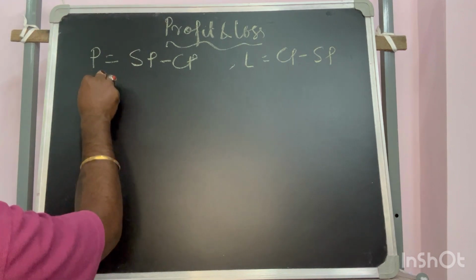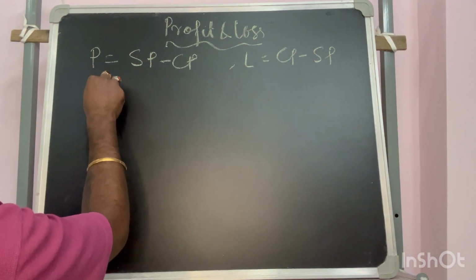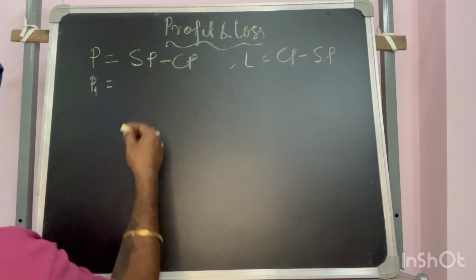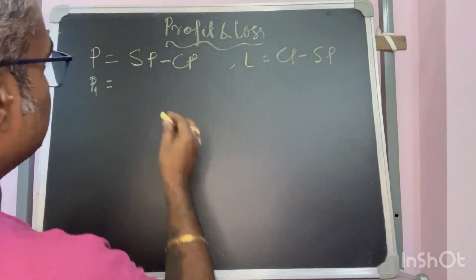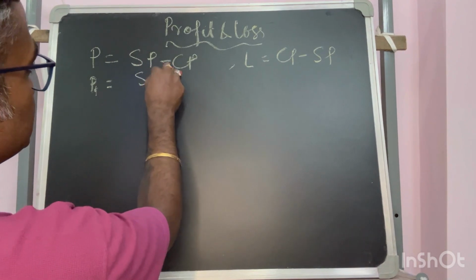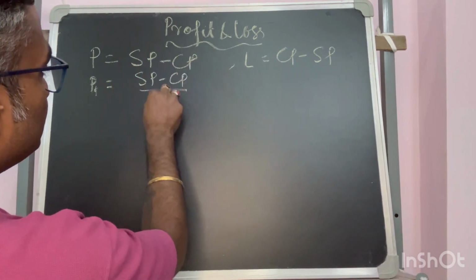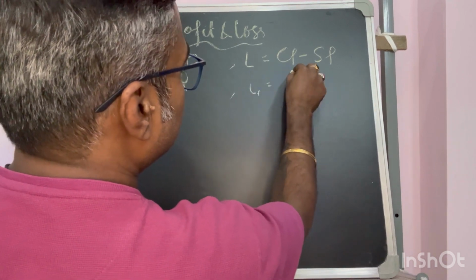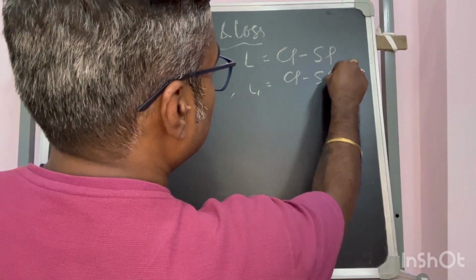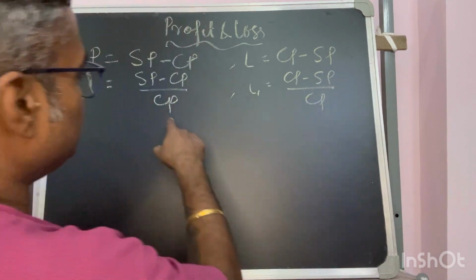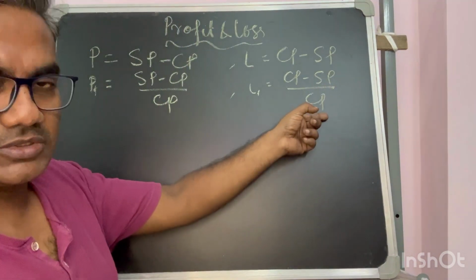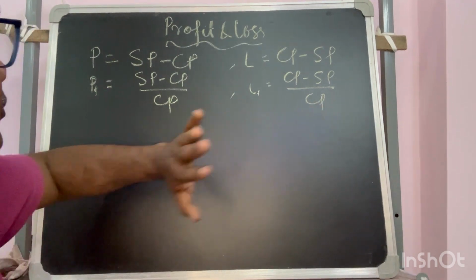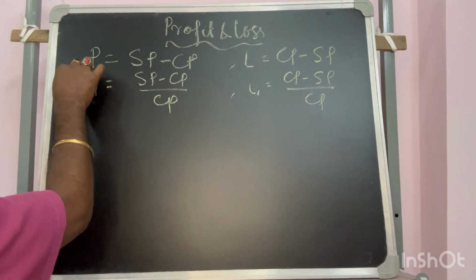Now the fraction of profit, if I want to take the fraction of profit with respect to the constant price, that is the cost price, will be, for profit it will be this one, for loss the fraction will be Cp minus Sp divided by Cp. So Cp is always there in the denominator, because it is the referral point or the constant price or the fixed price. This is the prime thing that you have to remember.